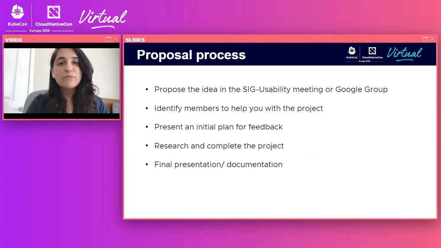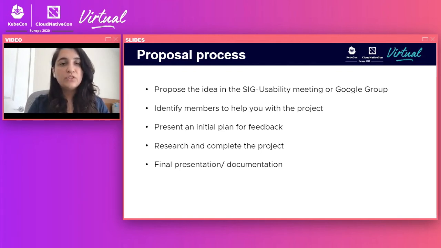We are always looking for ideas for discussion in the usability space, or ways we could enhance the discussion around usability. It's an easy process. It's not very defined at the moment, but if you have an idea, come to one of our meetings and propose it. We can discuss it there and you can get some feedback. You can also identify members that can help you with the project.